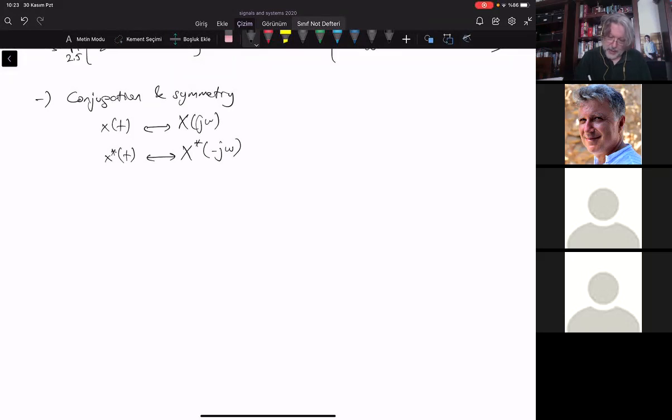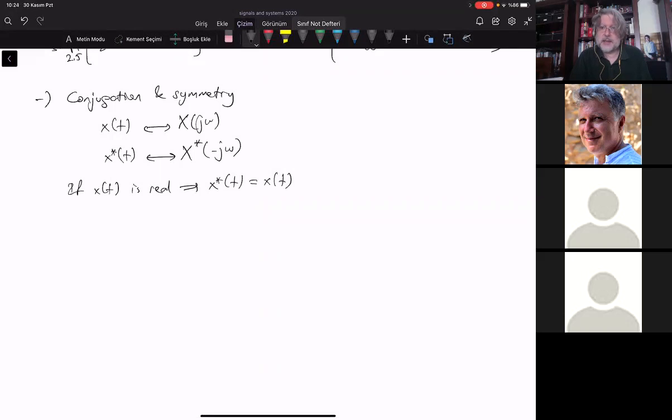You will see that. Now, this conjugation property has some implications. For instance, if x of t is real, then x conjugate t will be equal to x of t.